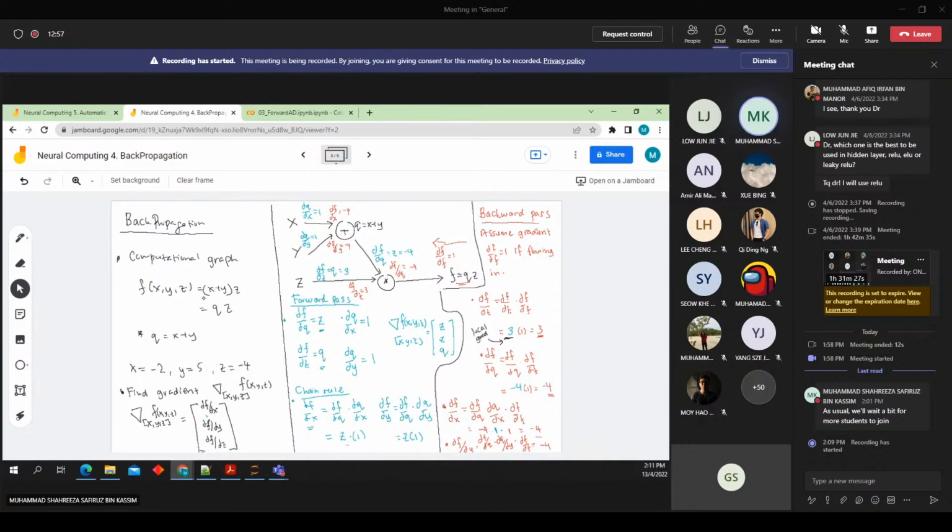So x plus y, and then times z, yeah? But we find that if we compute the local gradient going forward, then we do not have to do that computation going backwards, right? So we can make use of the local gradient. That's the main idea here, right?